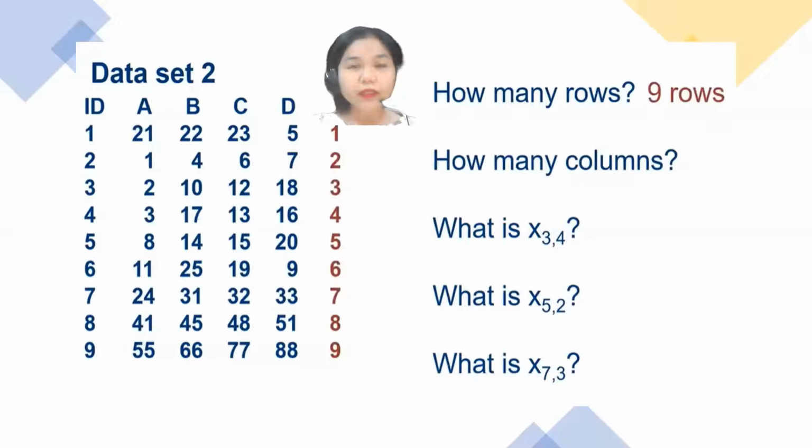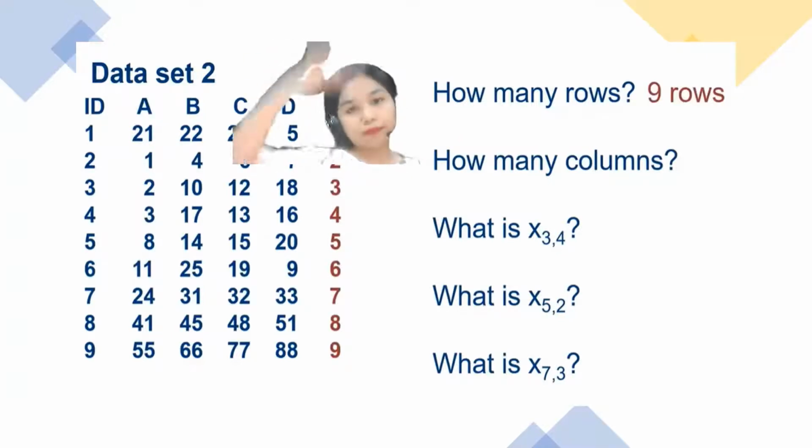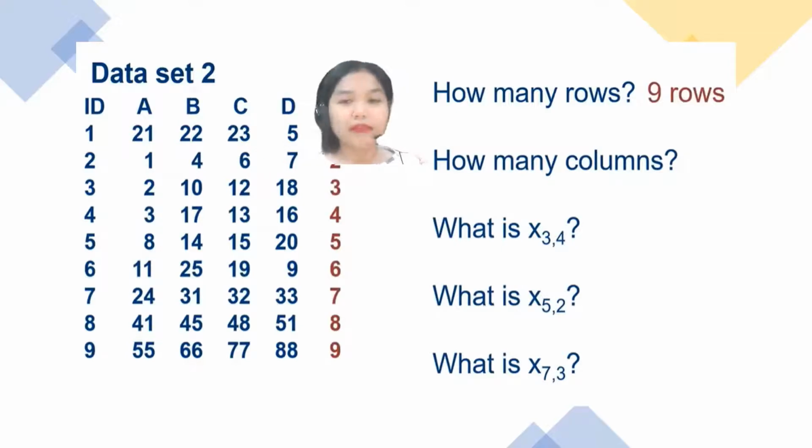So the first thing that we need to know is the number of rows. I've already mentioned in our previous learning videos that in terms of rows, we are taking the values that are positioned horizontally, from side to side. And in terms of columns, the values that are positioned vertically, up until down, the very last value.